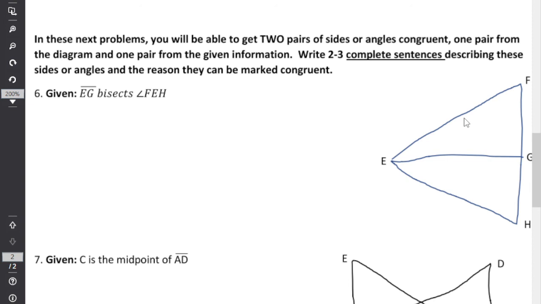Since angle FEH is getting bisected, you should be able to tell me a pair of sides or a pair of angles, and explain why. Why does bisector tell me those angles? Then there should also be something in the diagram, probably either reflexive property or vertical angles, that you should be able to find as well. So you're going to be able to get two pieces of information, two different pairs of sides or angles that you can get congruent.